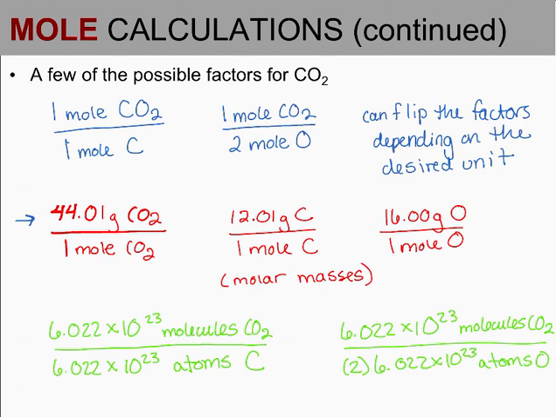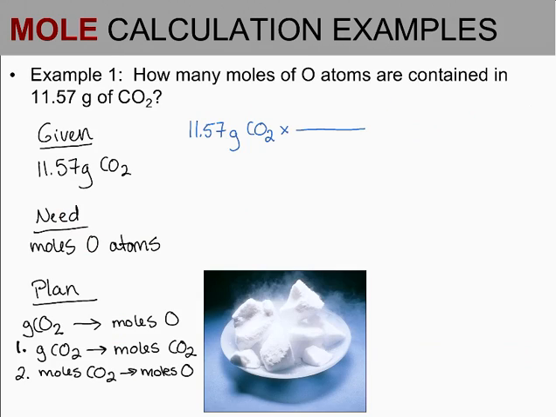And we do want to get to moles, so let's use that. Okay, so we're going to cancel out grams of CO2, and we want to end up with moles of CO2 in this step.